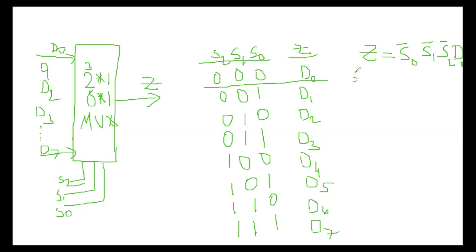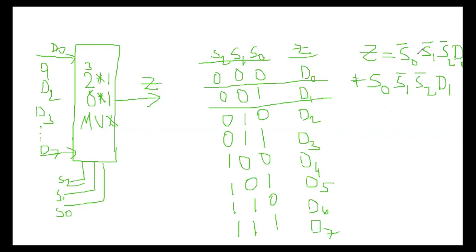And next is plus. See the second one: S0 is 1, so S0 uncomplemented, and S1 and S2 are both zeros, so S1 bar, S2 bar, and D1.